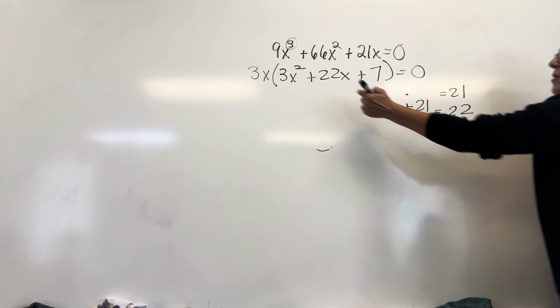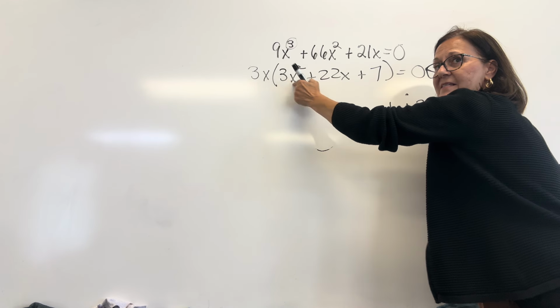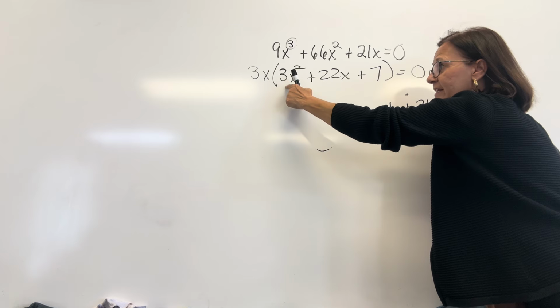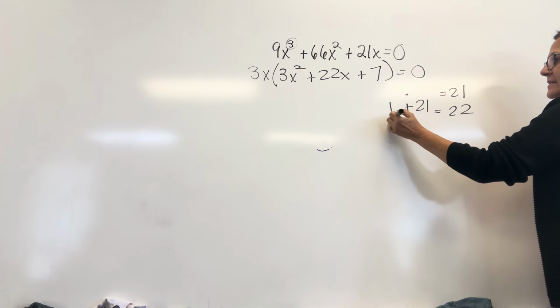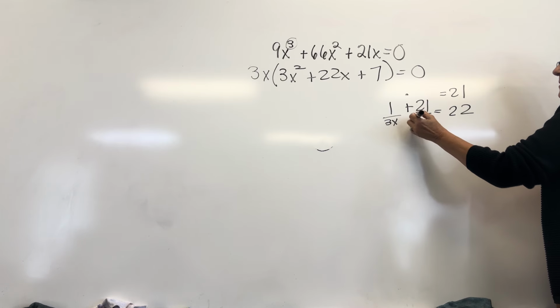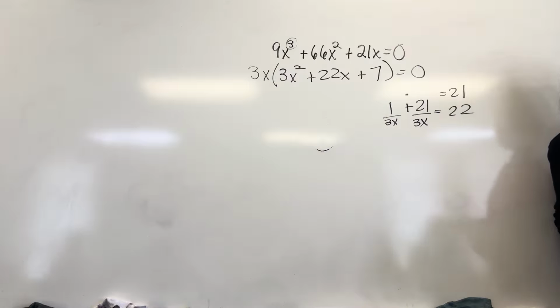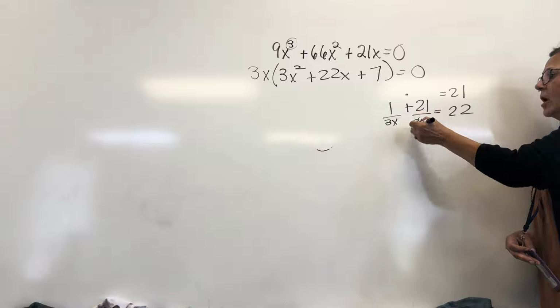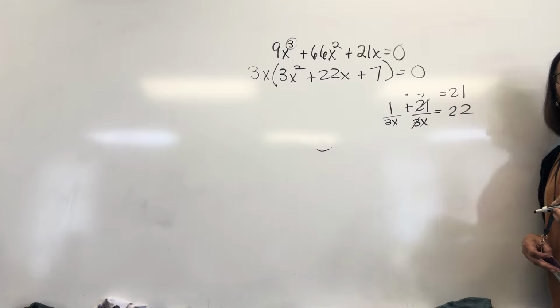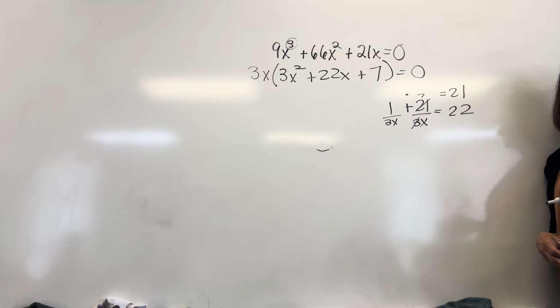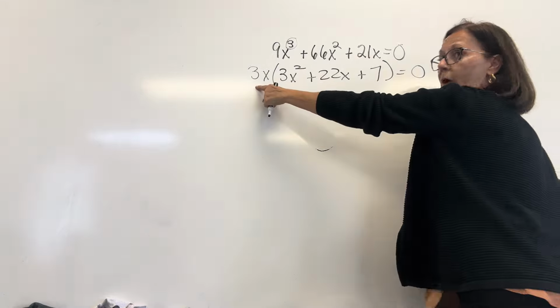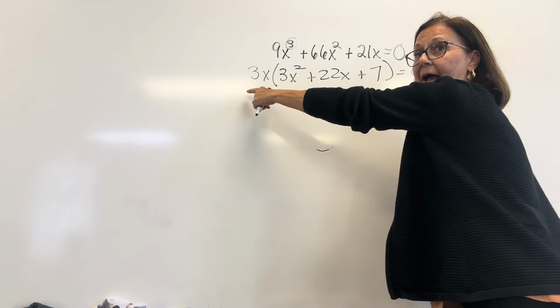Now we write this over this one. They happen to be the same, but it's over this one inside the parentheses. So over 3x, and simplify. The 3 becomes 1 and this becomes 7. Here's what you have to remember. When you write your factors, 3x is still a factor.